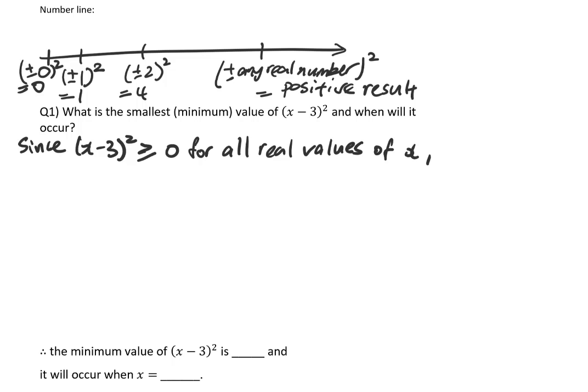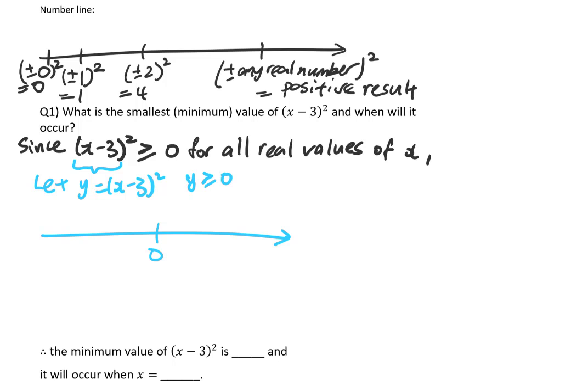Then I draw a number line. I let y equal x minus 3 squared, for you to visualize. So if I were to rewrite it, it will look like that: y is more than or equal to 0. Then in Sec 1, you learned how to draw a number line, right?